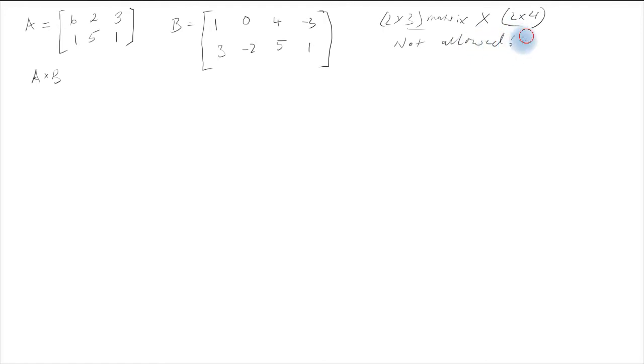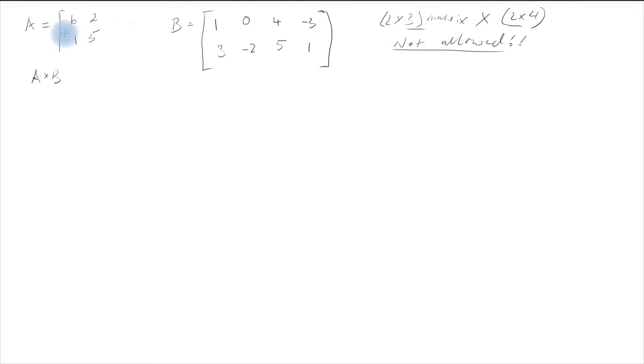Okay, so that example is actually not allowed. So to change it to allowed, we have to change our matrix. We know that the inner product needs to be the same. So if I change this matrix from a 2 by 3 to a 3 by 2, it will be allowed.